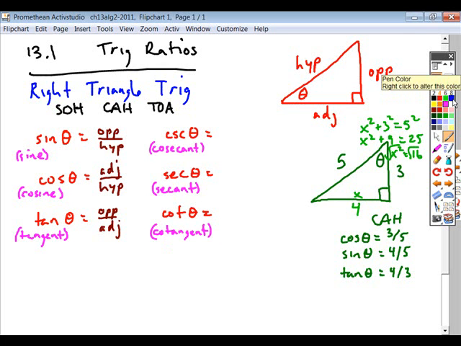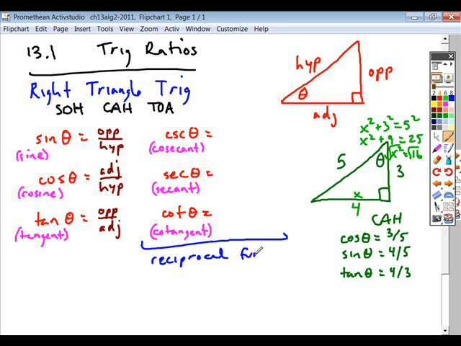All right, these reciprocal functions are just taking, like it says, the reciprocals of those matching. So the cosecant is the reciprocal function of sine. We're going to take the sine function and flip it. So instead of opposite over hypotenuse, it becomes hypotenuse over opposite.